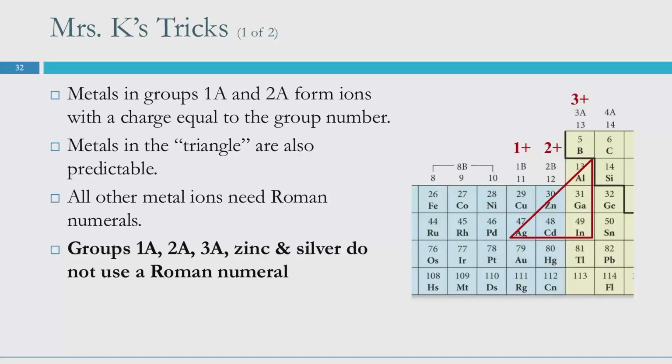Another trick, Mrs. K's trick, my mother's trick, but I also like this one. It's a way of remembering that zinc and silver are 2+ and 1+. There is a little staircase here. So aluminum is at the top of the staircase. That's the third step, the top step. Just down one from the third step would be what step?